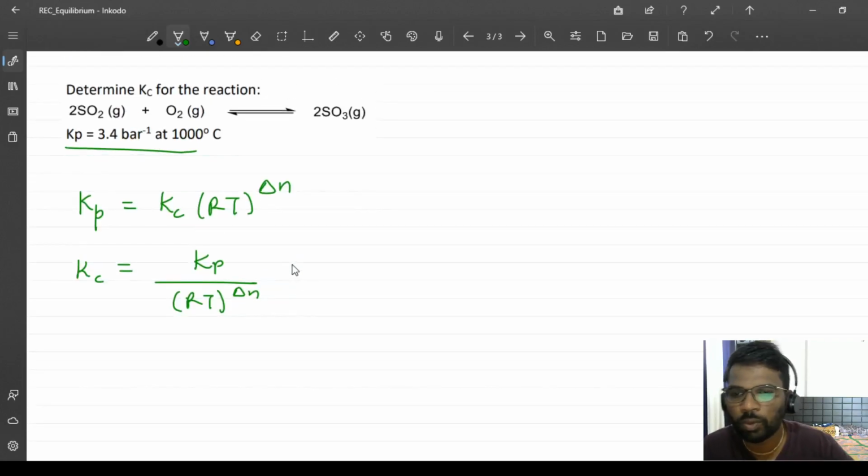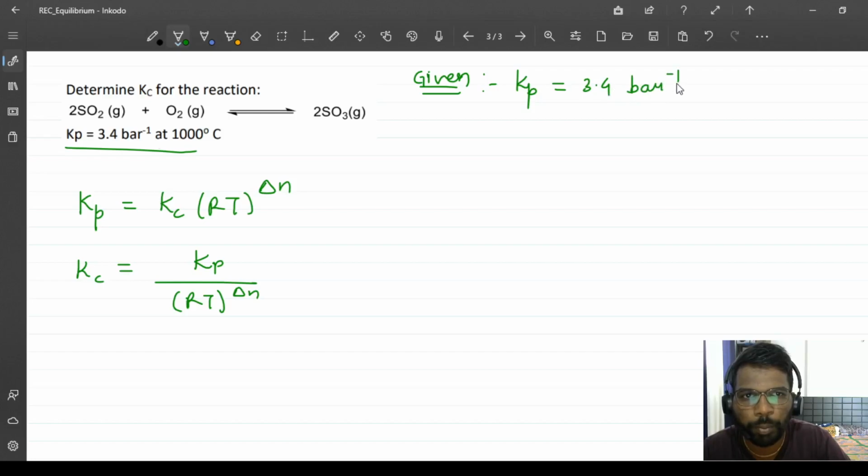So I will write what is given. Kp is equal to 3.4 per bar. Now temperature is given to be 1000 degrees Celsius.